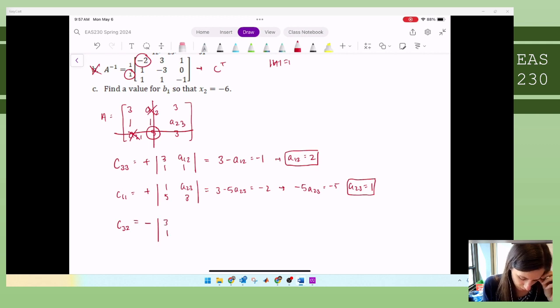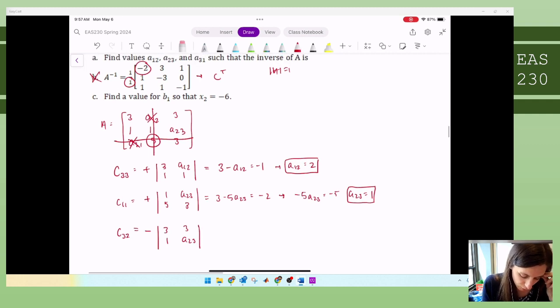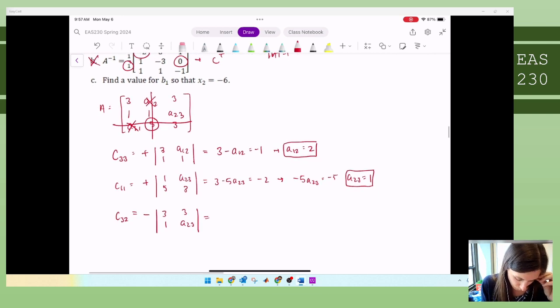And I have 3, 1, 3, A23. And if that's cofactor 3,2, that means it's 2,3 in this matrix, so that should equal 0. So negative 3A23 minus 3 equals 0. So that means A23 should equal 1.